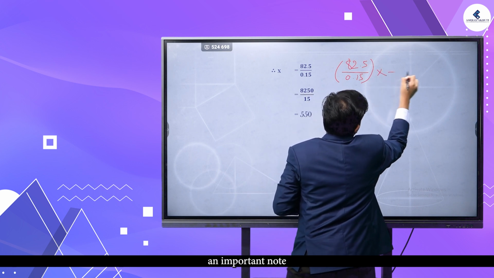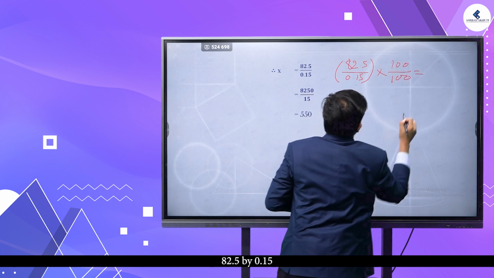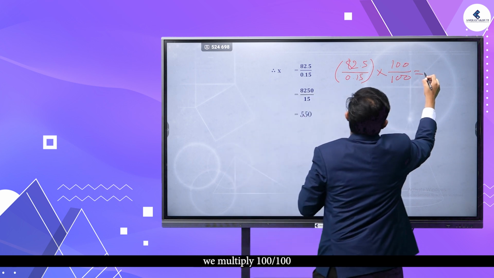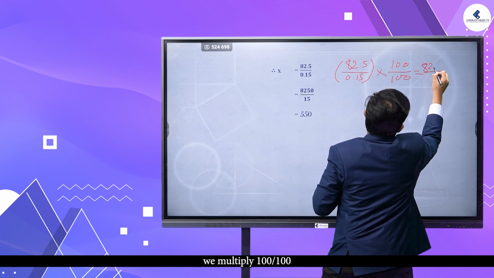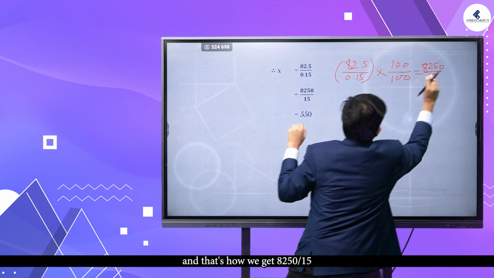An important note: 82.5 by 0.15. To take the decimals out, we multiply by 100 and by 100, and that's how we get 8250 by 15.